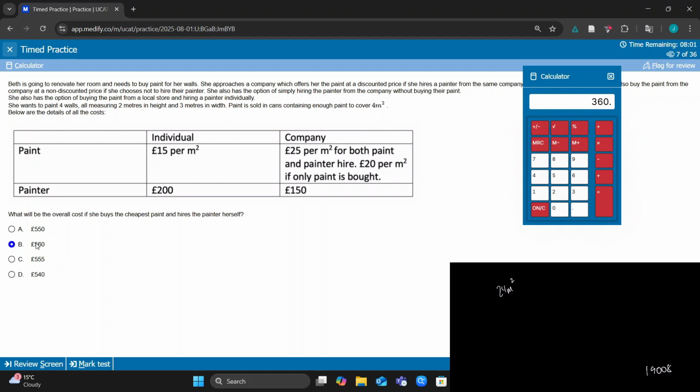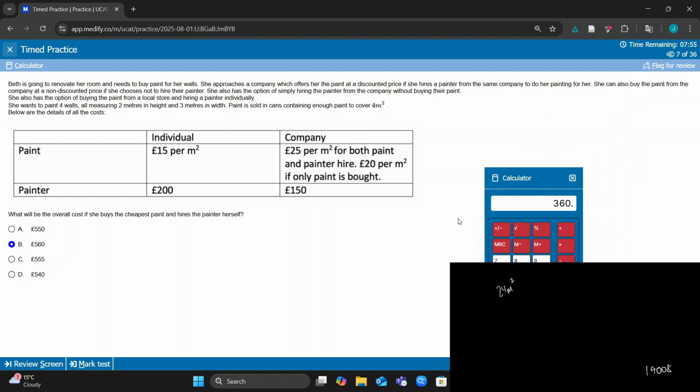She also has this. Okay, 20 meters, but if only the paint is bought. This is a tricky one because the cheapest option, if she hires the painter herself, I'm assuming that means not from the company, but 20 times 24 is 480, so 25 times 24, 600.